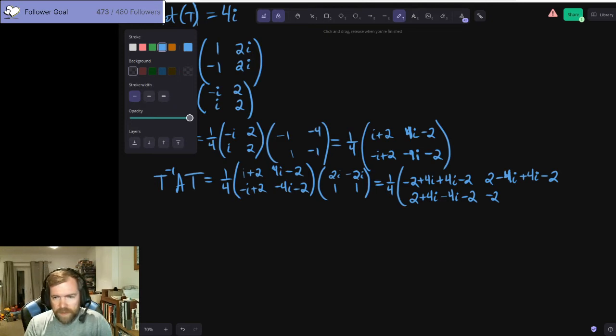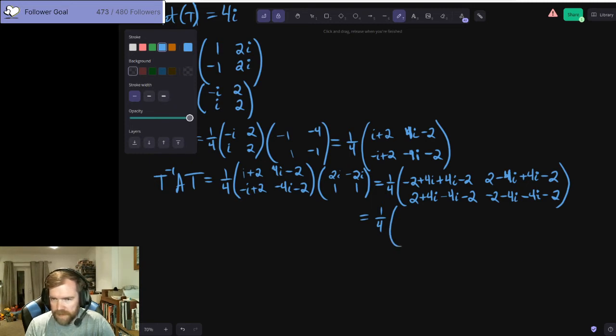And negative 2i times 2 is going to be a negative 4i. And then we get a negative 4i minus 2 times 1. Alright, there we go. So now we get a 1/4 times the matrix.